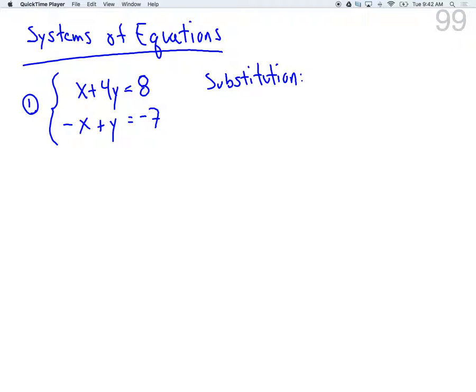So that narrows it down to three possibilities. The top for x, the bottom for x, and the bottom for y. Simon, what would you like to do? Top x. Okay. So I'm going to take this top equation and solve it for x, meaning I'm going to move the 4y to the other side. So x is equal to negative 4y plus 8.